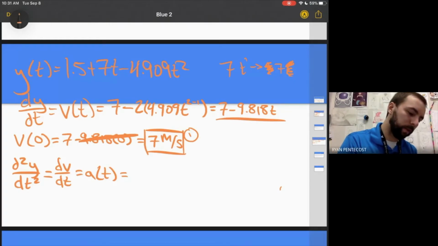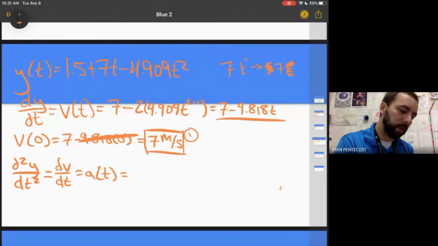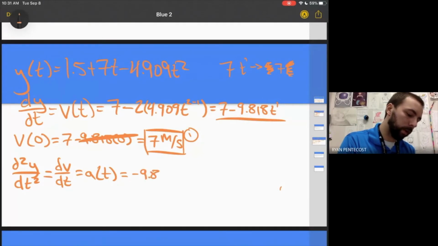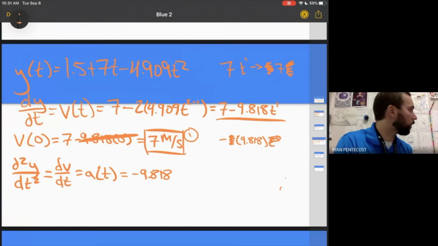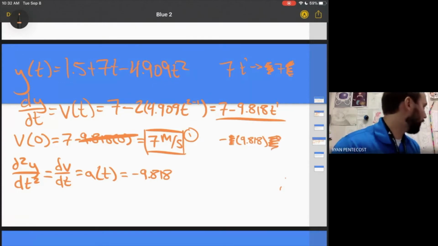Then the derivative of negative 9.818t, that t has a little 1 off to the side. So that 1 comes down, negative 9.818 t to the first, or I guess t to the 0, because 1 minus 1 is going to give you 0. So negative 1 times 9.818 t to the 0, t to the 0 goes away, and you've got negative 9.818.